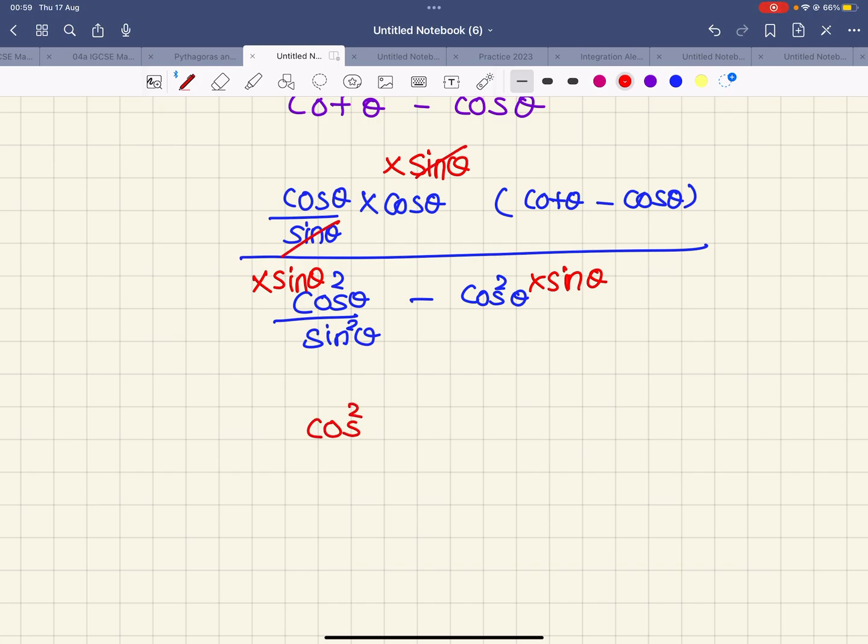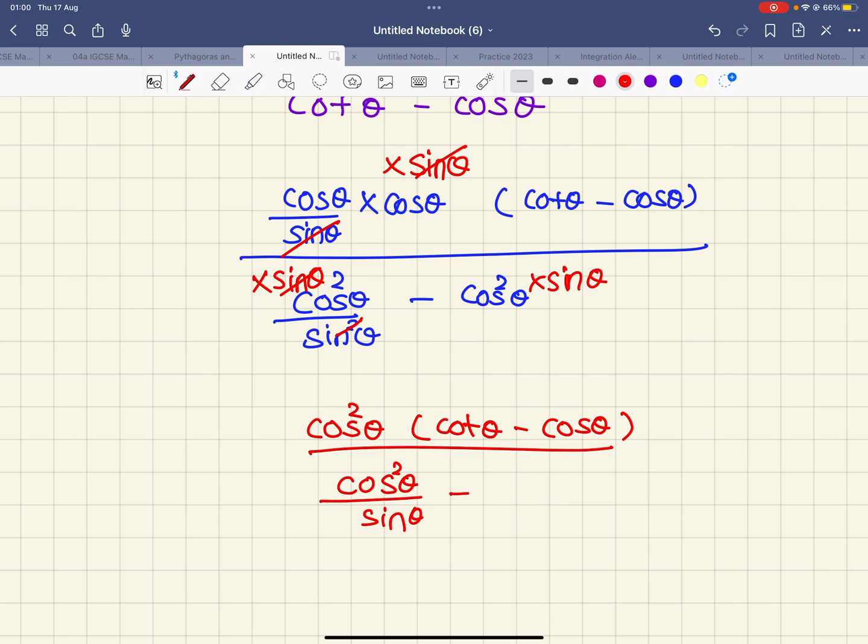So I've got cos squared theta times cot theta minus cos theta over, and one of the sine cancels, so I've basically got cos squared theta over sine theta, and then minus cos squared theta sine theta.